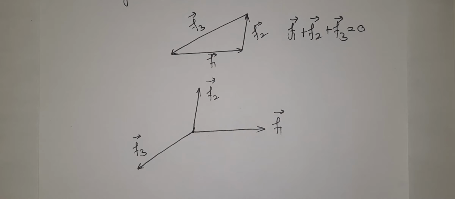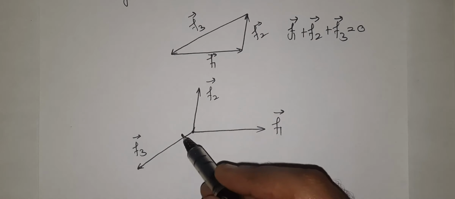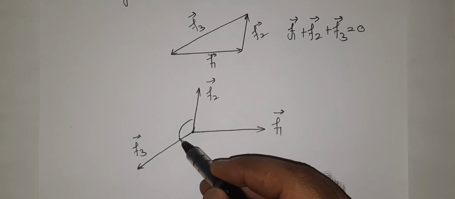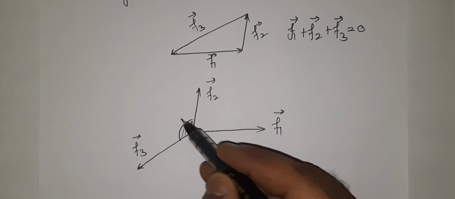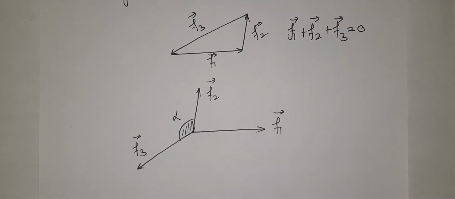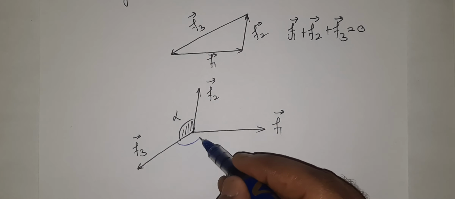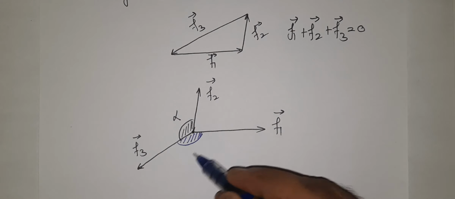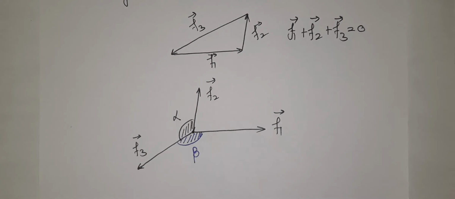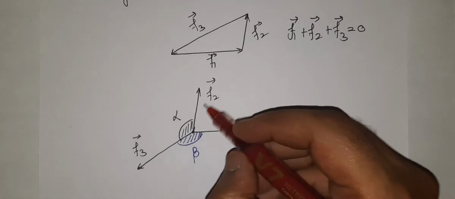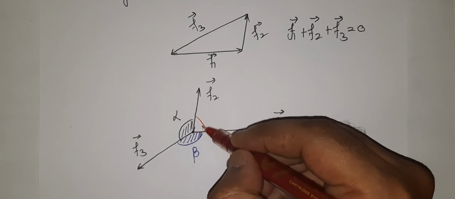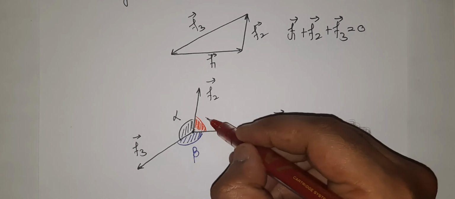Now see the relation between the forces. The angle between F2 and F3 is alpha, the angle between F3 and F1 is beta, and the angle between F2 and F1 is gamma.